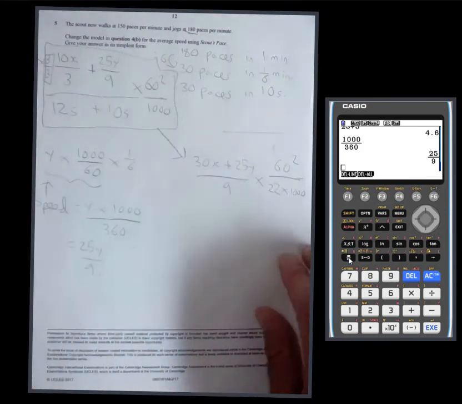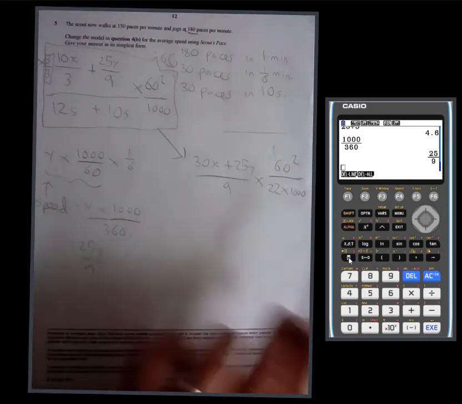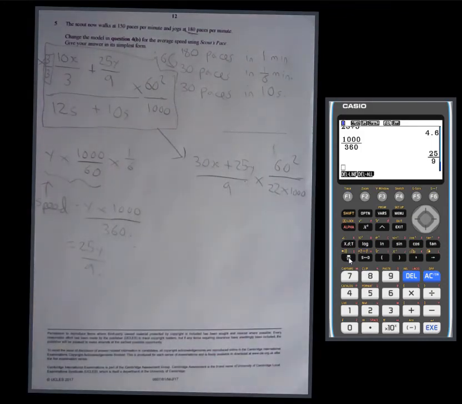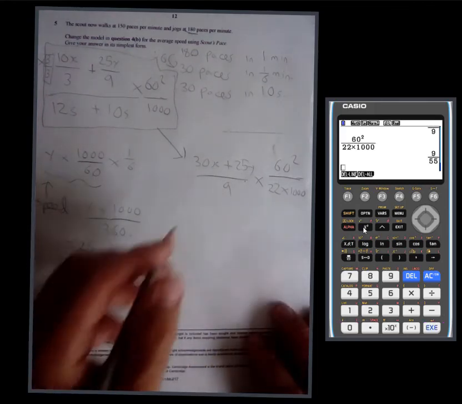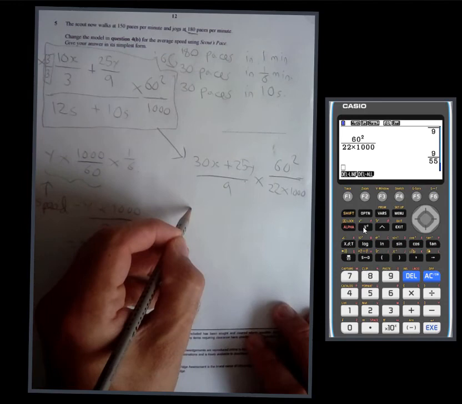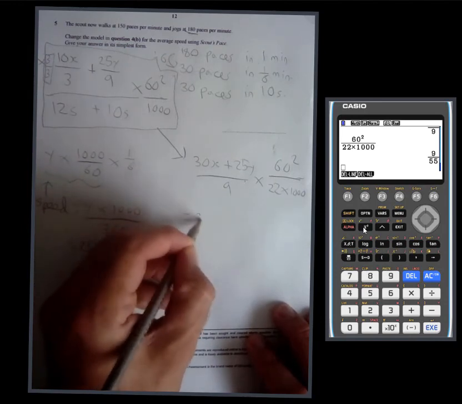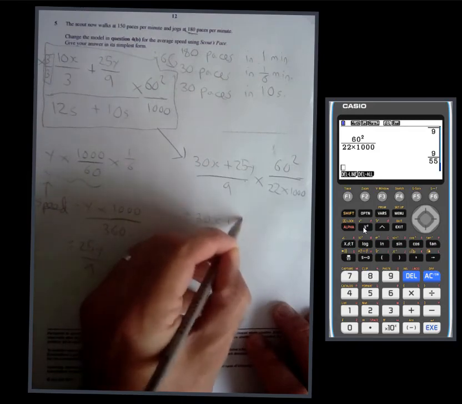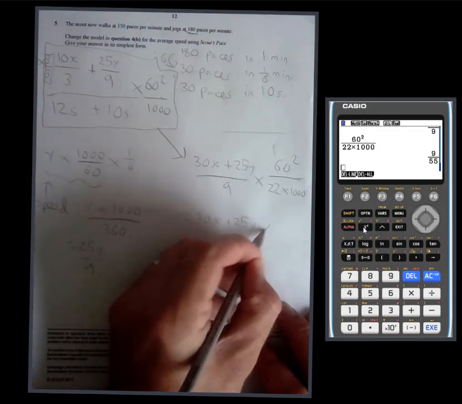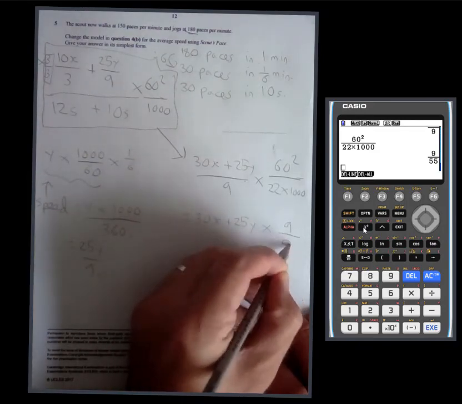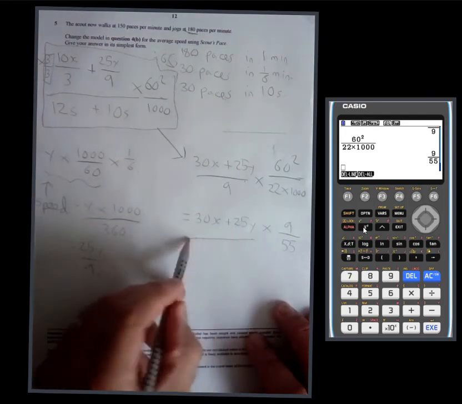Right, so what is 60 squared times 22 over 1000? Go to the calculator. 60 squared over 22 times 1000. So that is 9 over 55. So you now have 30x plus 25y times 9 over 55, and that was over 9.